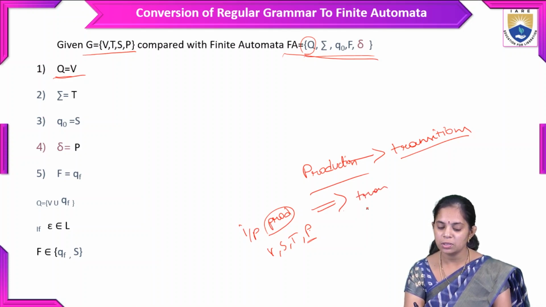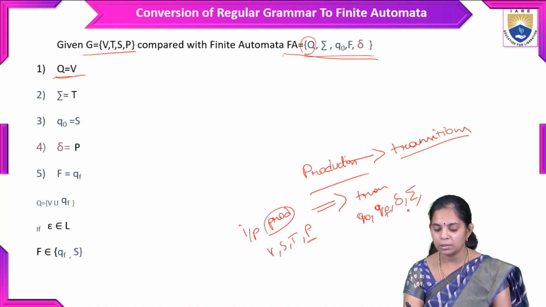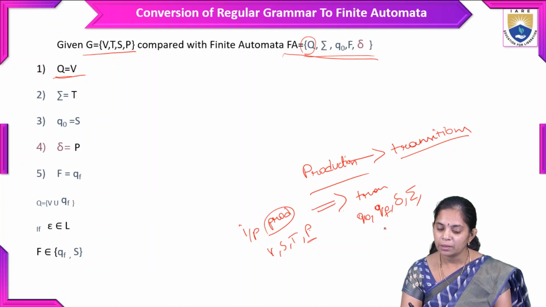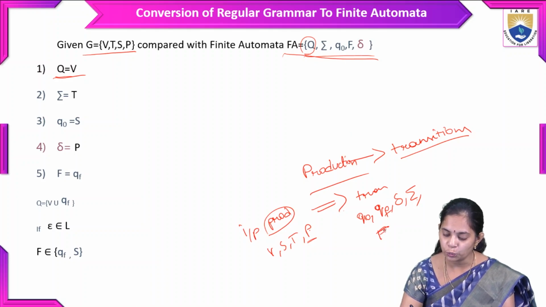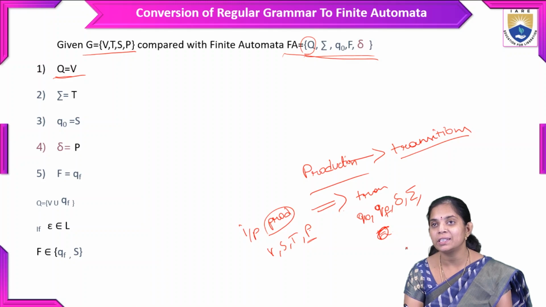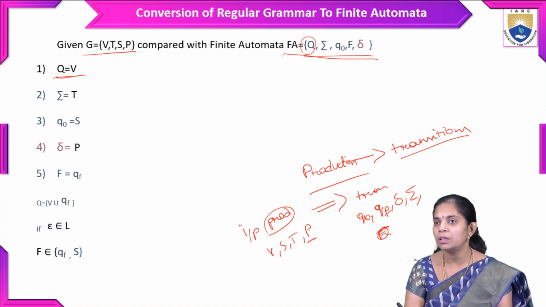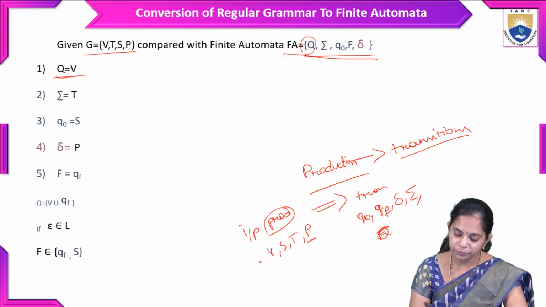The finite automata has the initial state, final state, delta, and the sigma values. Q is nothing but how many states are required to construct the finite automata.